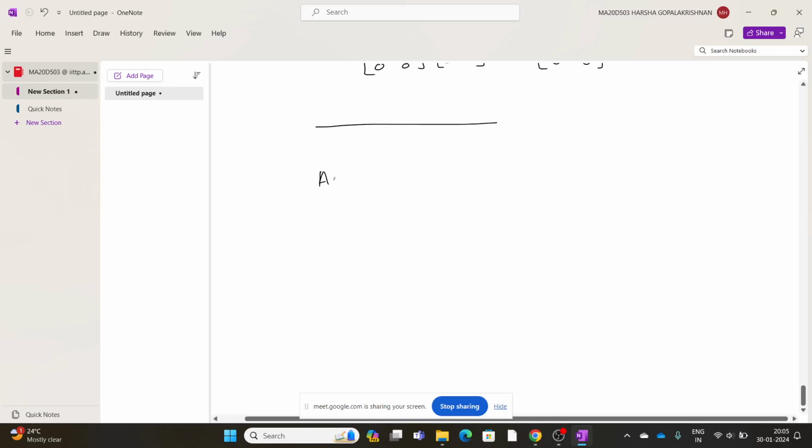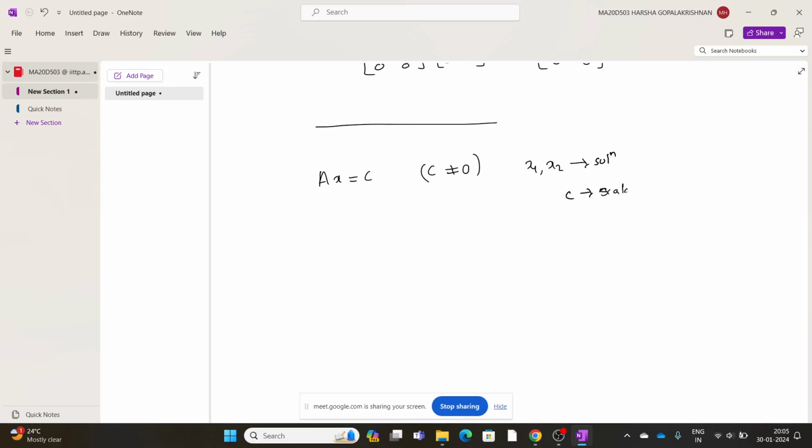It is given AX equal to C, where C is non-zero. C is a scalar. So solution means first we will write AX1 equal to C, AX2 equal to C. Solution means this equation is satisfied when we substitute X1 in place of X, meaning the equality is satisfied.